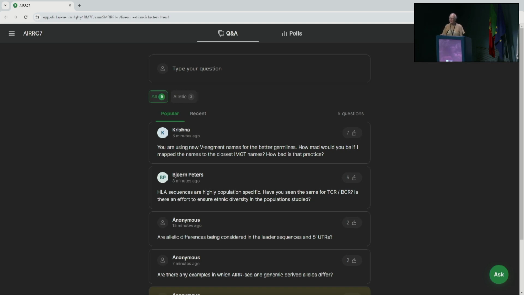About a month ago, we saw that they reused a name for a human allele that we had given to an allele in our germline set. So I'm not mad at all, but it's going to get difficult, I'm afraid.